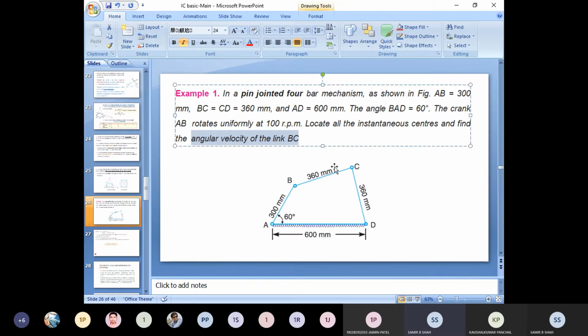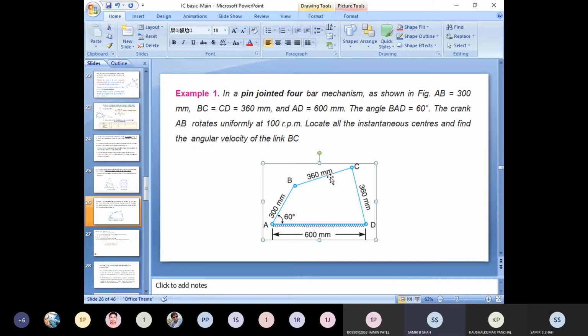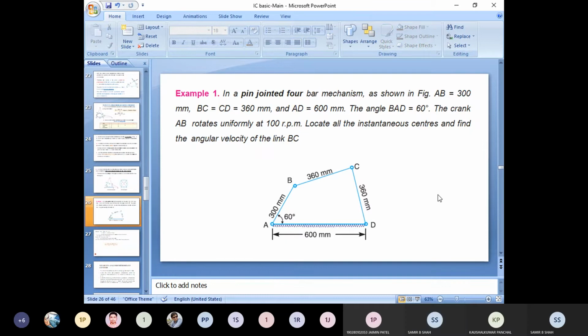It's up to you. So take a relevant scale as per your space and draw this four-bar chain mechanism, and show a pin joint at A, at B, at C, and at D. We know very well that A is here, B is here, C is here, and D is here.